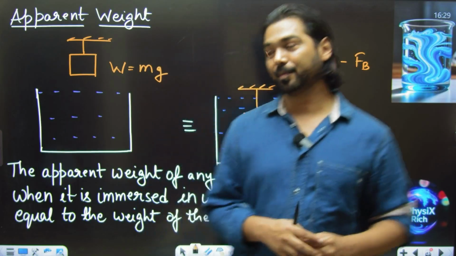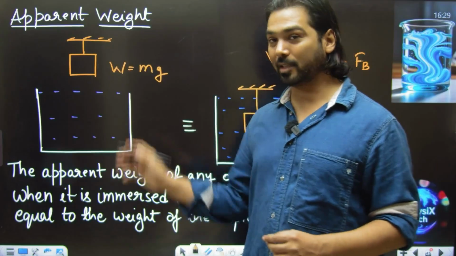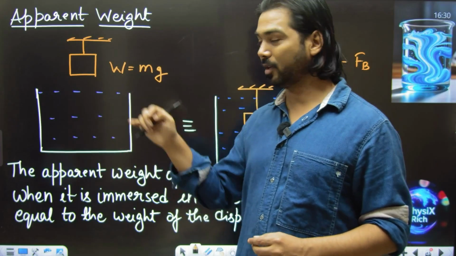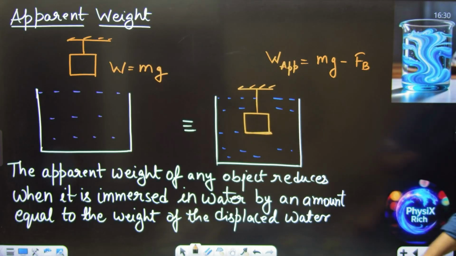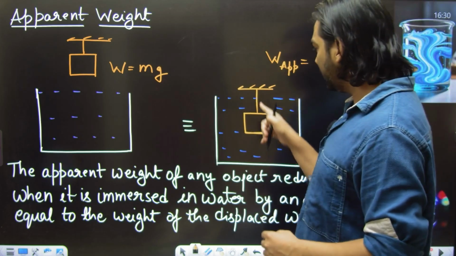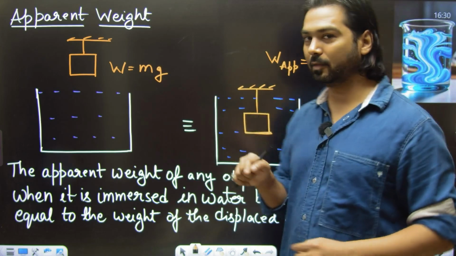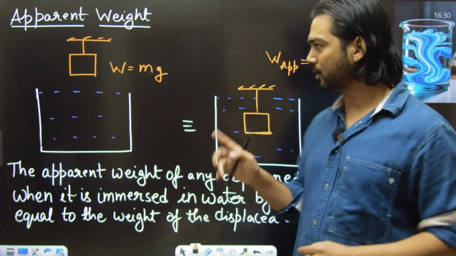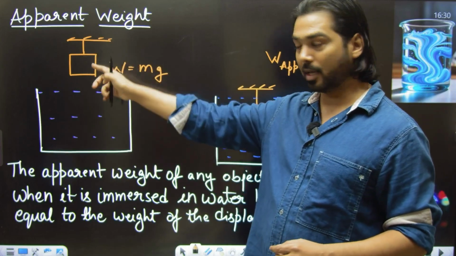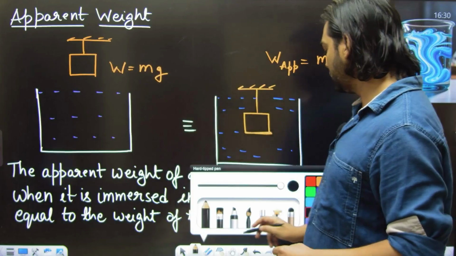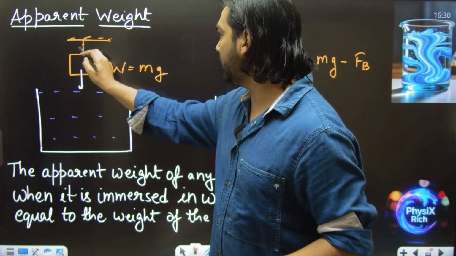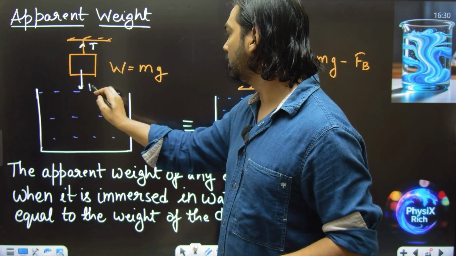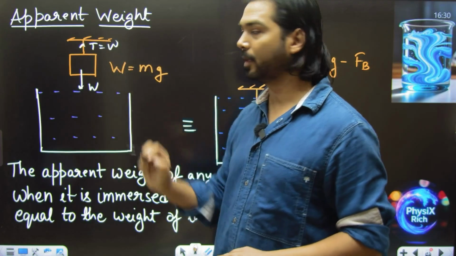What if I put this object, which has a weight of mg, in water or any fluid? Then this will start experiencing a buoyant force in the upward direction. And then this string will observe a different tension compared to this situation. In this situation, the string will experience a tension force equal to the weight itself, right?